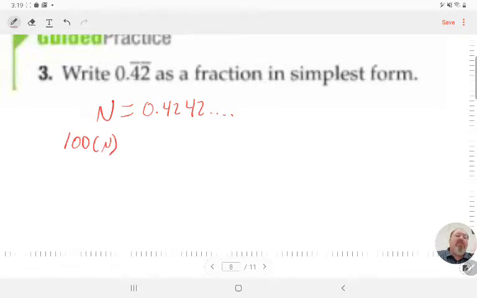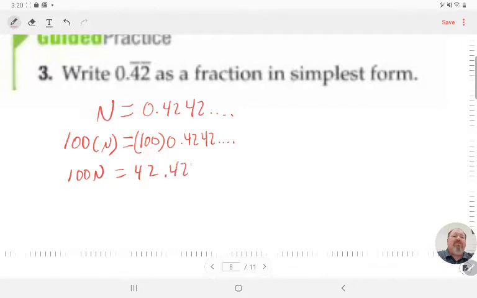If we had 3 repeating numbers, we'd have to multiply it times 1,000 and so on. Okay? But 2, so it's 100. That's going to give me 100n equals 42.4242 repeating. Then I subtract my original one, which is 1n, and 0.4242.